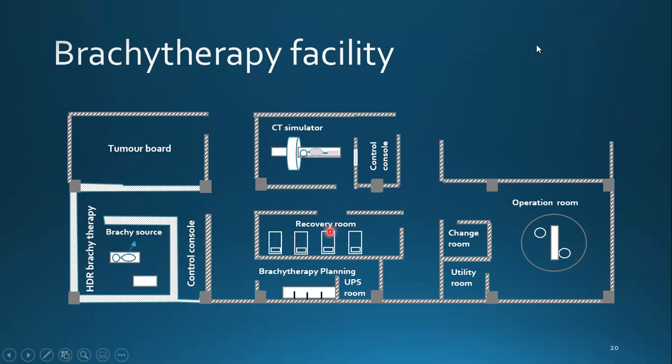Then the patient can be in the recovery room or somewhere in the waiting room here, during which the planning can happen here, and then the patient can be moved to the brachy room for the treatment. So this is a very simple arrangement that could follow the workflow of the patient, right? So the patient movement will follow the workflow.